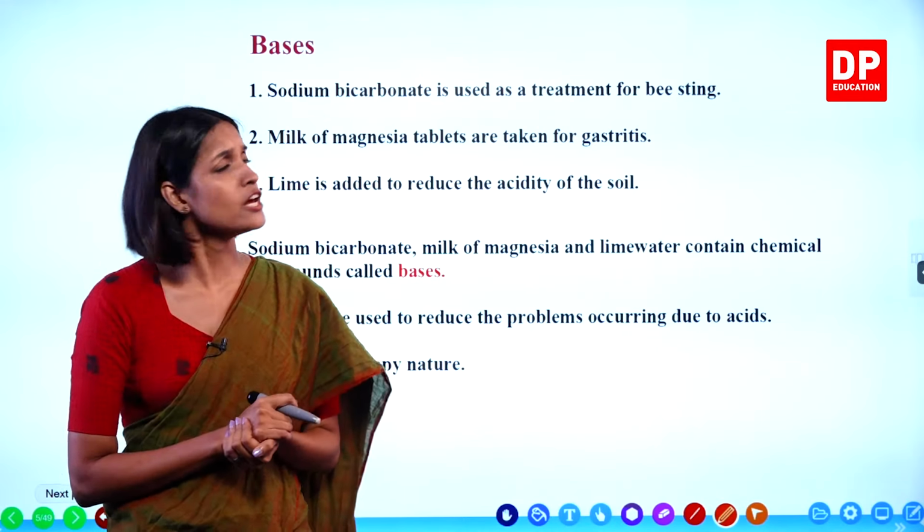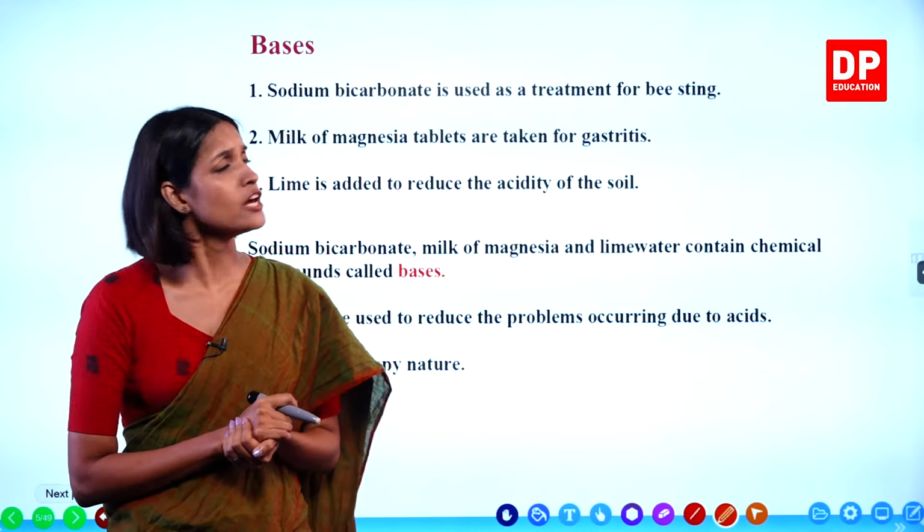So this gastric juice is a mixture of different substances. One of the substances present in the gastric juice is hydrochloric acid. Hydrochloric is a type of acid. So gastric juice contains hydrochloric acid. Sometimes you don't feel like eating, sometimes you skip your meal, especially your breakfast when you don't have enough time, when you have to go to school, you just skip your breakfast and you run to school, right?